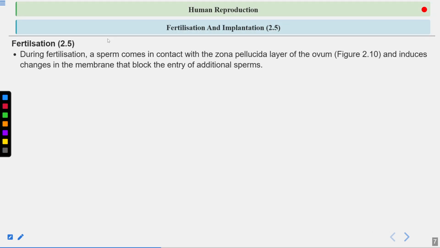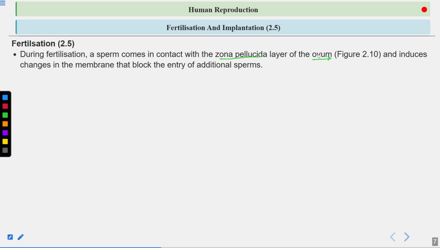During fertilization, sperms come in contact with the zona pellucida layer of the ovum. So how many layers does the ovum have? The outermost layer of the ovum is known as the corona radiata. This corona radiata is made up of the granulosa cells, also known as the follicular cells.